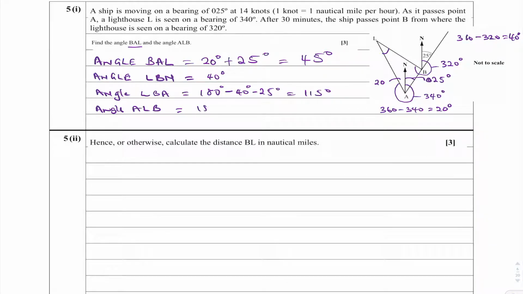So 180 minus 45 minus 115 degrees. And that should give us 20 degrees. So angle ALB is 20 degrees.